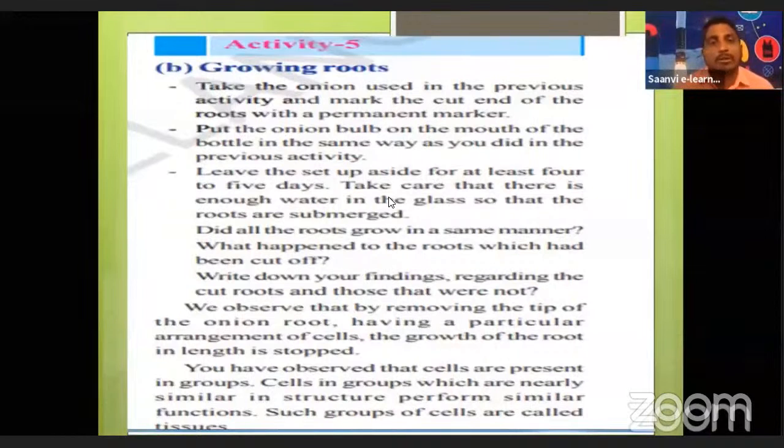Put the onion bulb on the mouth of the bottle in the same way as in the previous activity. Leave the setup aside for at least 4 or 5 days; up to that you don't disturb.